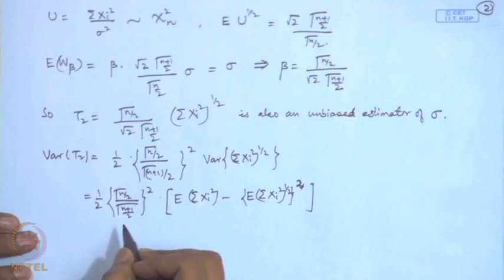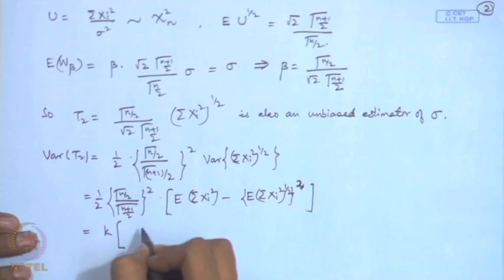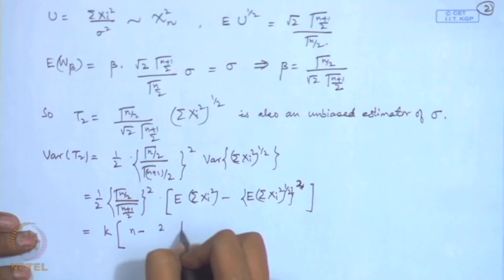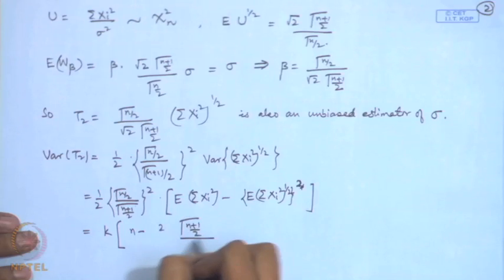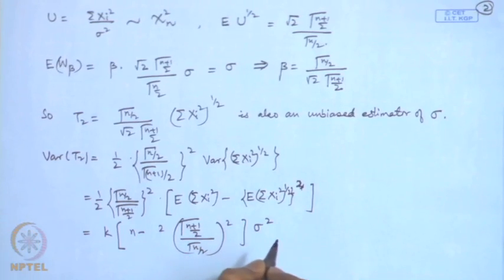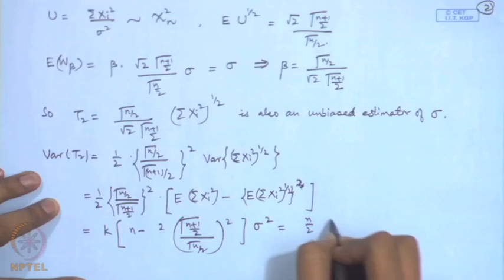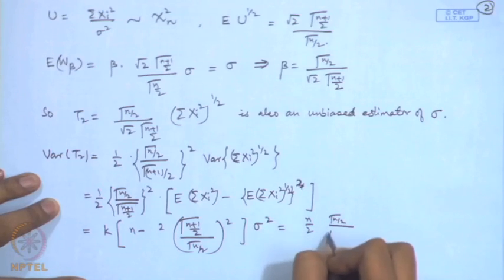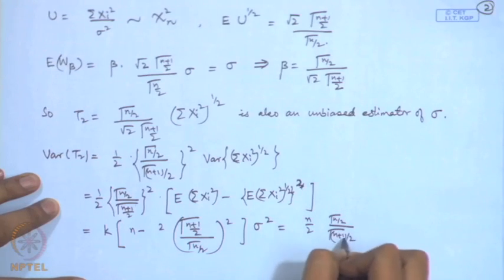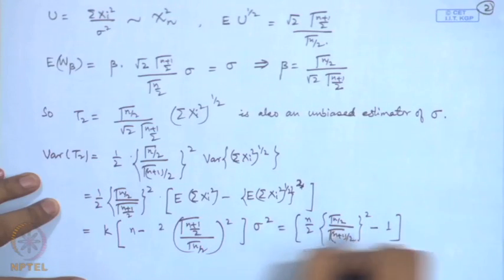Now, these terms we have already calculated. So, that becomes, let me call it some constant, n minus twice gamma (n plus 1)/2 by gamma n/2 whole square, sigma square. That we can write after simplification as n by 2 times (gamma n/2 divided by gamma (n plus 1)/2) whole square minus 1, sigma square.